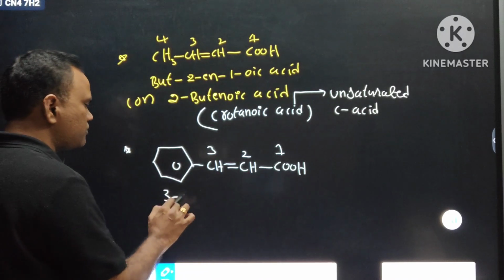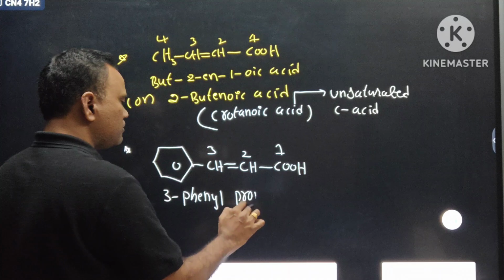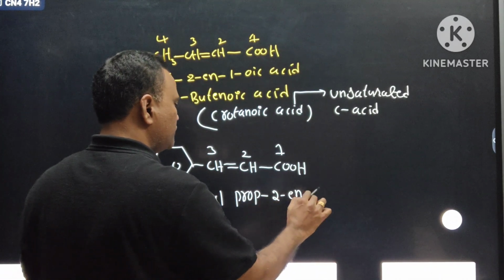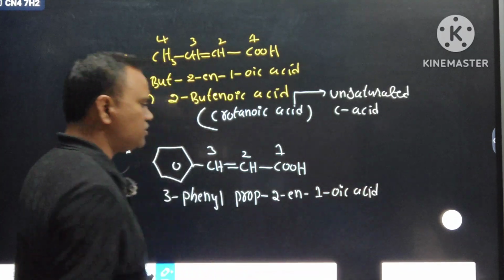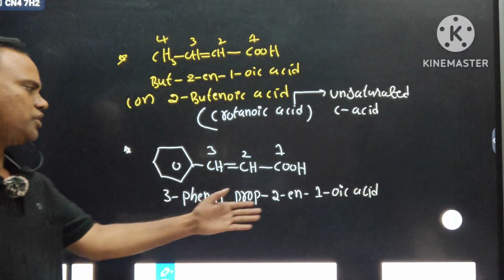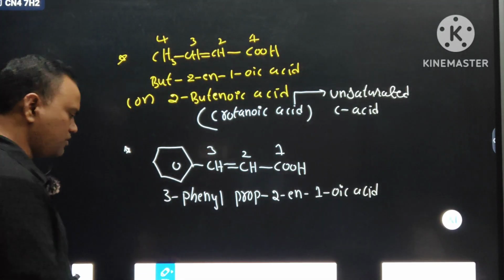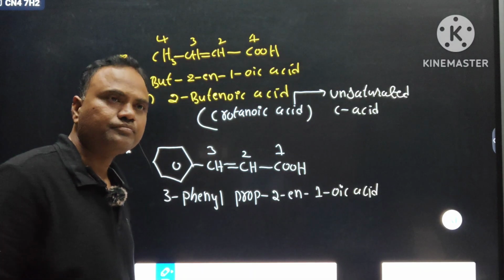At the third position, 3-phenylprop-2-en-1-oic acid. You need not mention 1-oic acid. You can write 2-enoic acid. That is also correct. What is the common name for this?